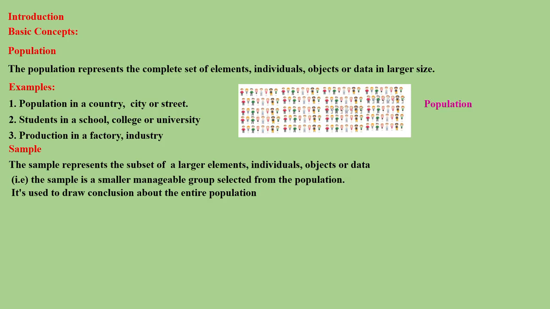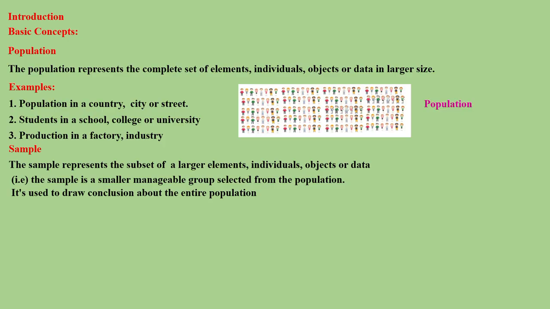It is used to draw conclusions about the entire population. If we want to check the Indian culture or food habits, you can take 100 Indians and ask them about their culture, how they dress, their daily attitudes, daily activities, and what festivals they celebrate.